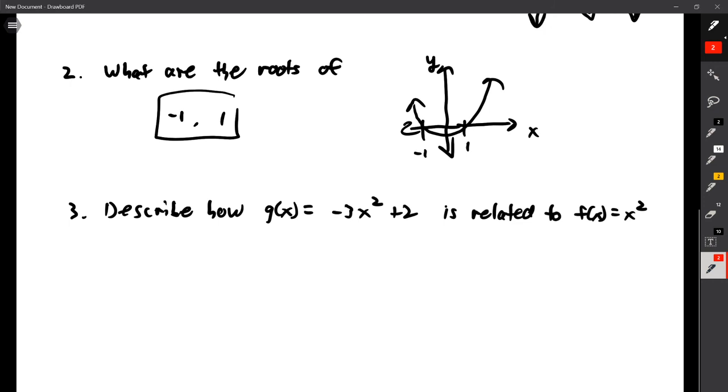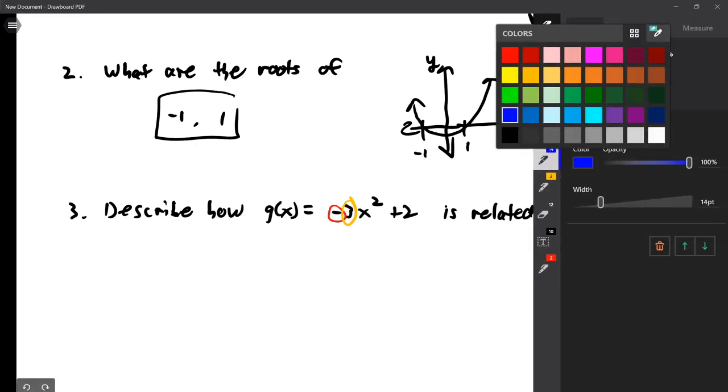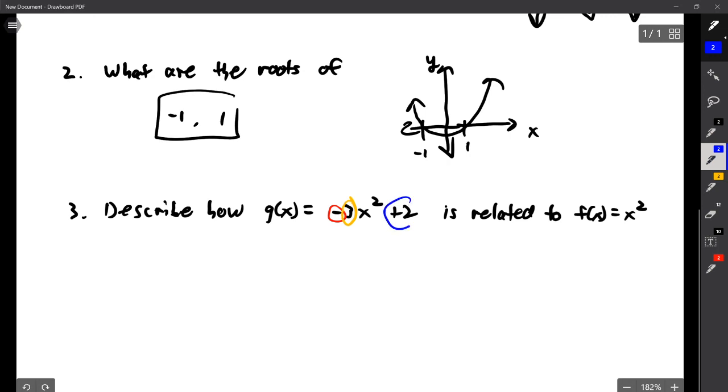So what do we have going on here? We have a negative, we have a 3 that is being multiplied by the x squared, and let me add blue back in there, and make it 2. And we have this plus 2.